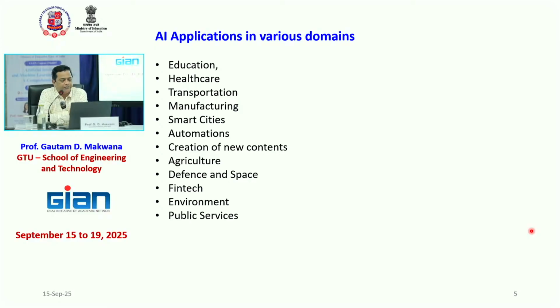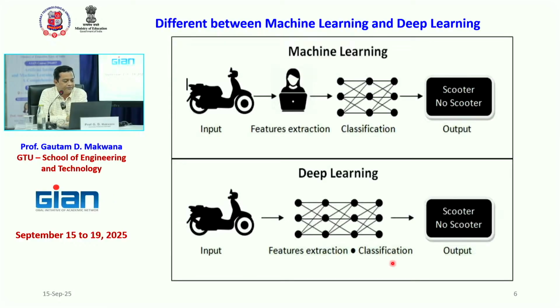Defense and space, our chief guest already told, because AI has been used for two decades. Recently, many solutions are AI-based, and we are using these AI solutions for our work nowadays. That's why we are taking care about AI.